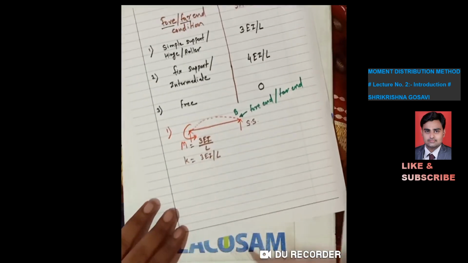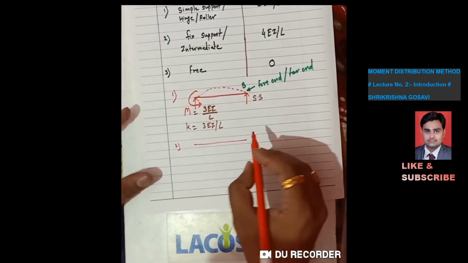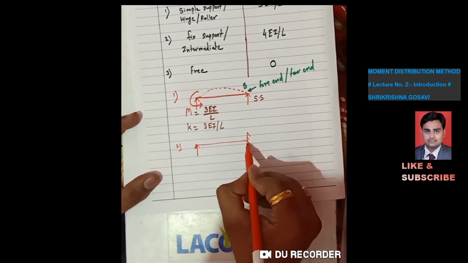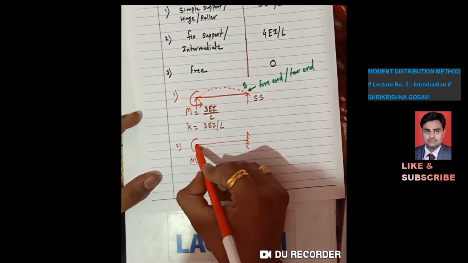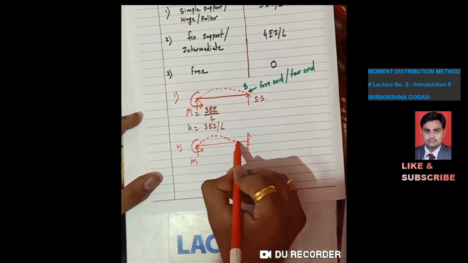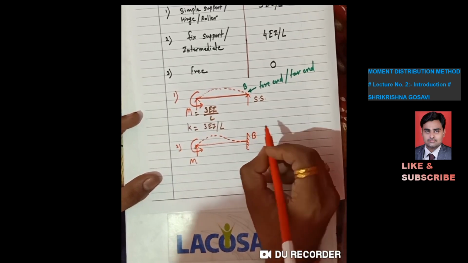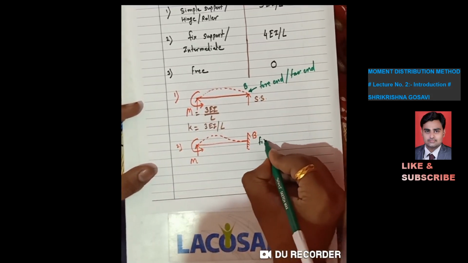Similarly, if we take another case, here simple support is there and here a fixed end is there. Now moment M is applied over here. The deflection of the beam is this. Again this point B is the far end, and this far end is fixed.